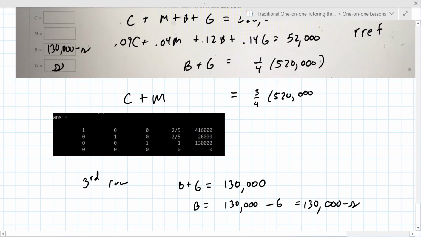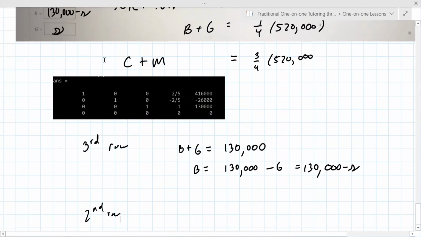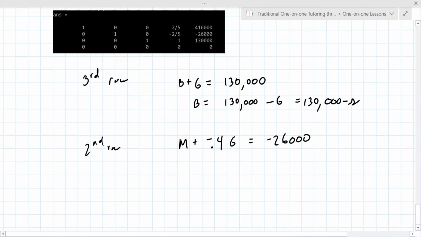Okay, and then the second row tells you that, what's our next variable? M plus minus 0.4 G equals minus 26,000. So you just move it over.